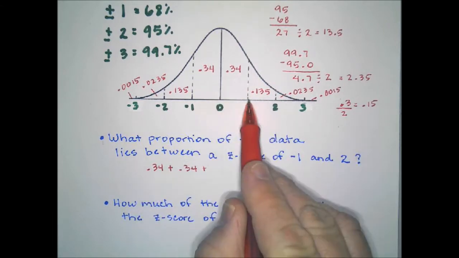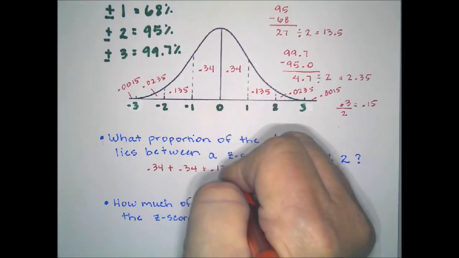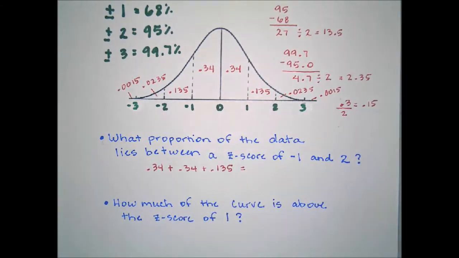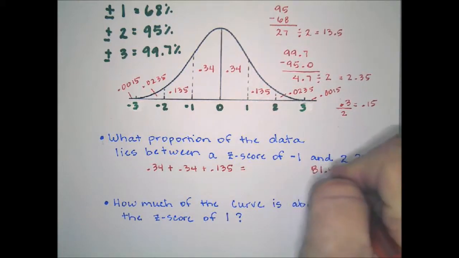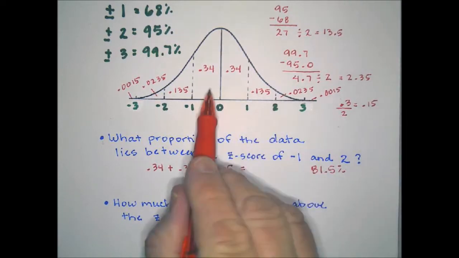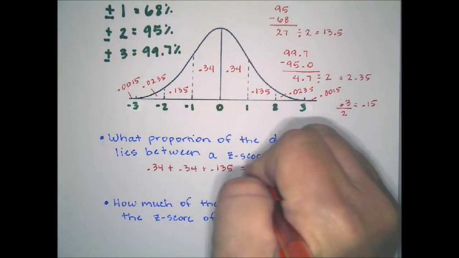And then we would include this section right here, which is 0.135. So we've got 34 and 34, which is 68, plus 13.5, so 81.5. It's 81.5% of the curve. But the question was asked in proportions, so it's actually 0.815.